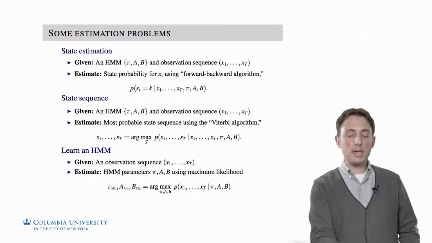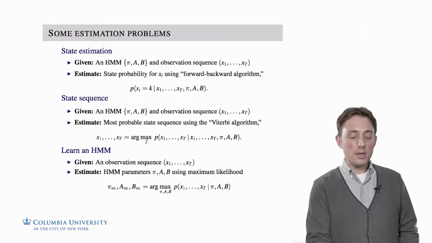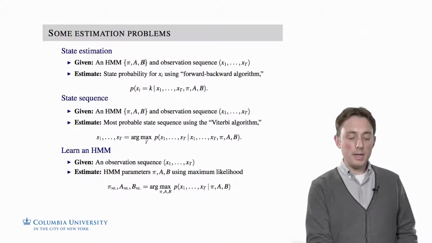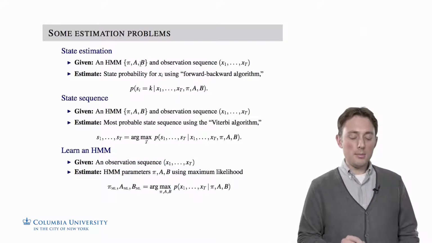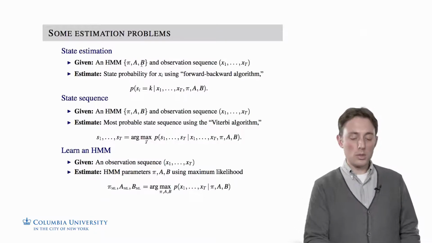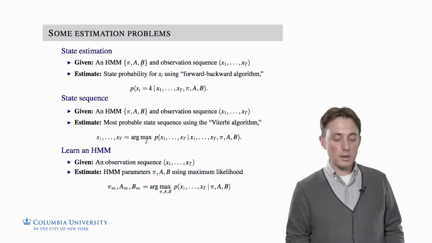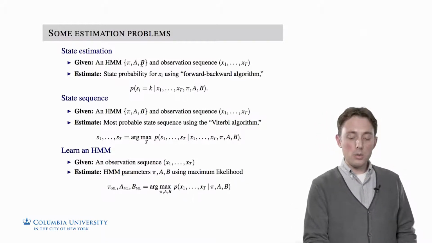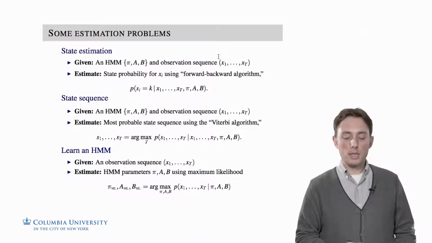The first is the state estimation. In this case, we're assuming that we're actually given the HMM: the initial state pi, the state transition matrix A, and the emission probability matrix B. We're going to assume discrete HMMs for the rest of the lecture. And we get the observed sequence x1 through xT.